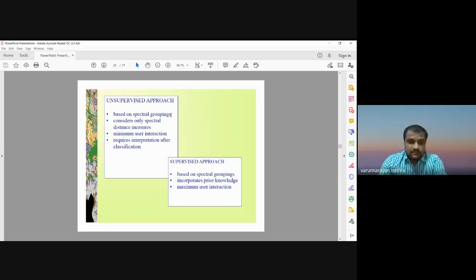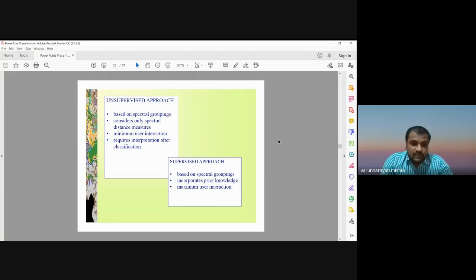The unsupervised approach is based on spectral groupings that consider only the spectral distance measurement. It involves minimum user interaction, and it requires interpretation after classification.